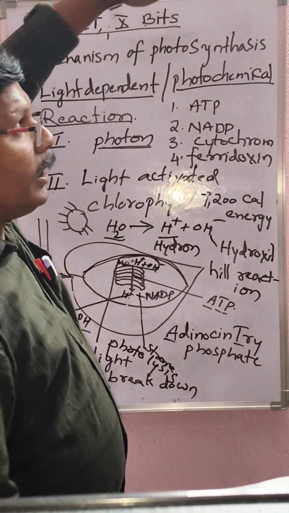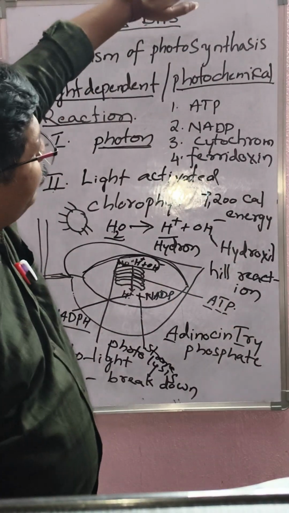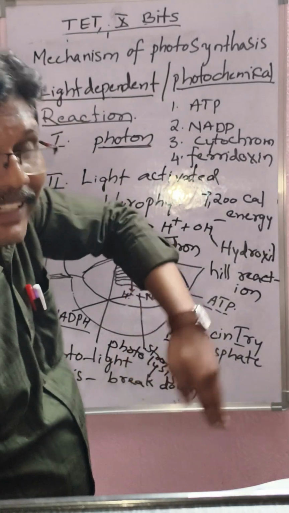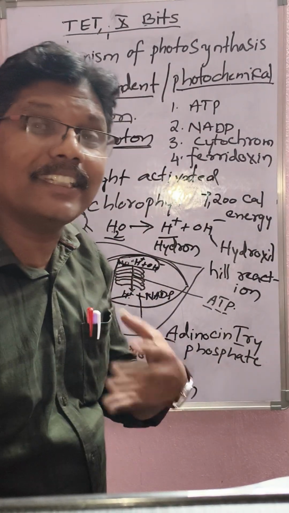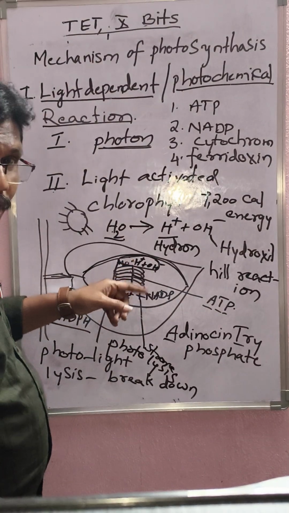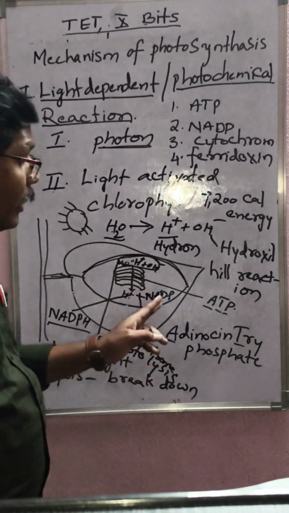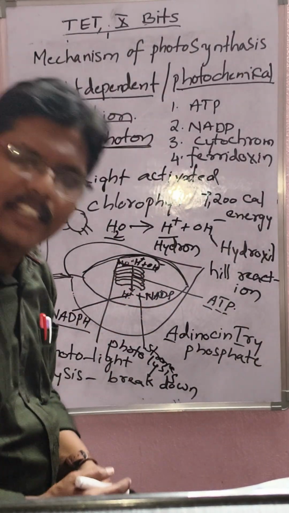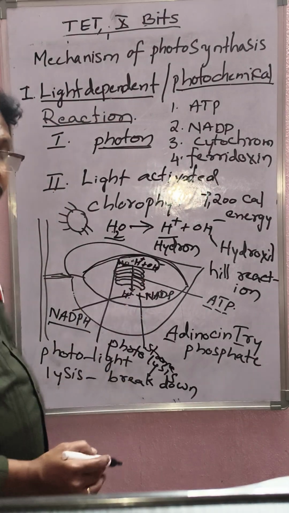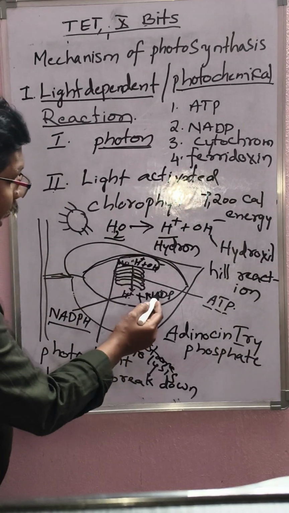From the height, water is dropped down and rotates the turbines. Hence, electricity is produced. In the same way, when hydrogen plus ions move from higher to lower, some amount of energy forms. That is called ATP.